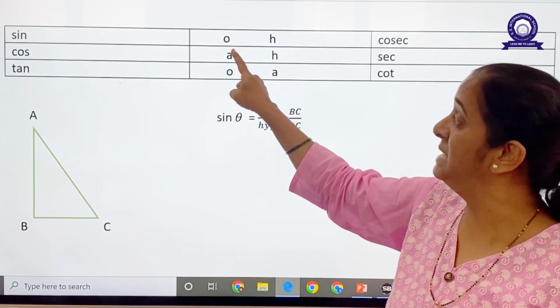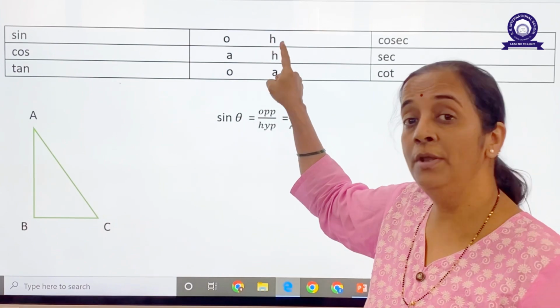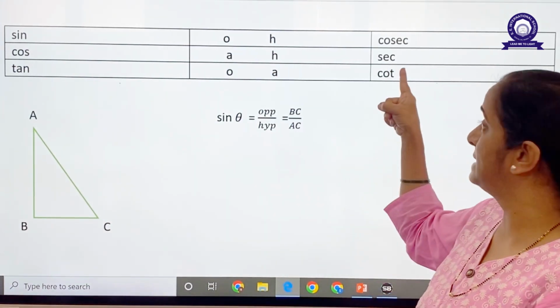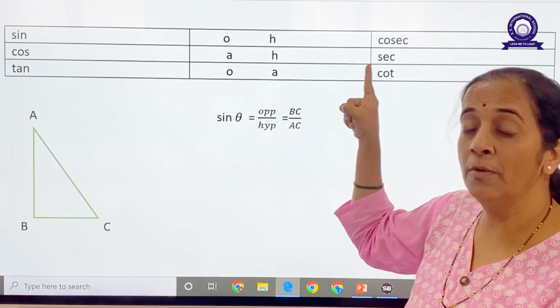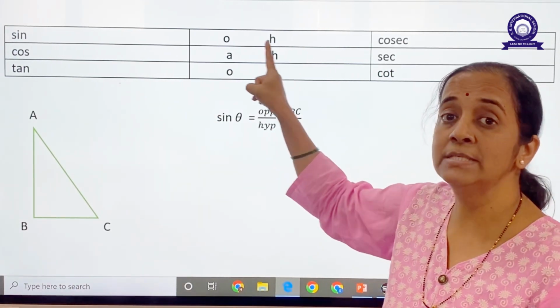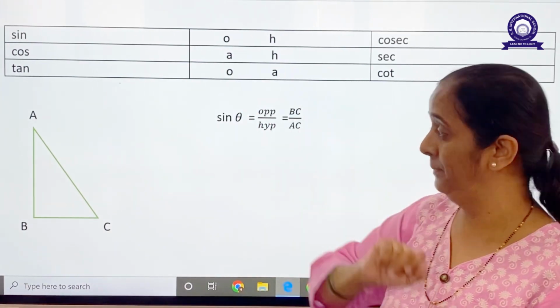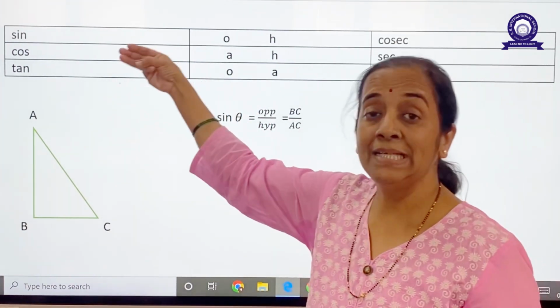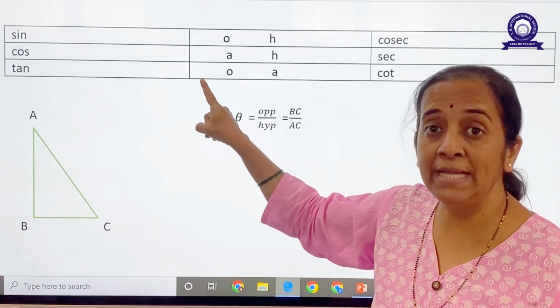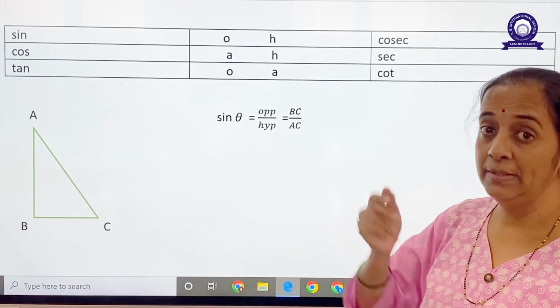AH, means adjacent side upon hypotenuse, and reciprocal of cos is sec. So what will be the formula of sec ratio? HA, hypotenuse upon adjacent side. Next, tan ratio. OA, means opposite side upon adjacent side.